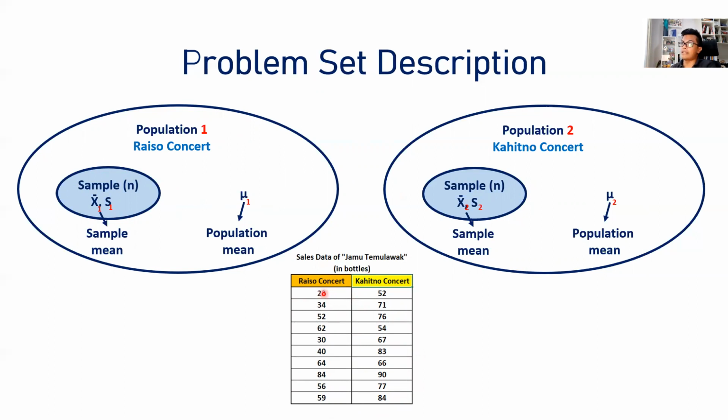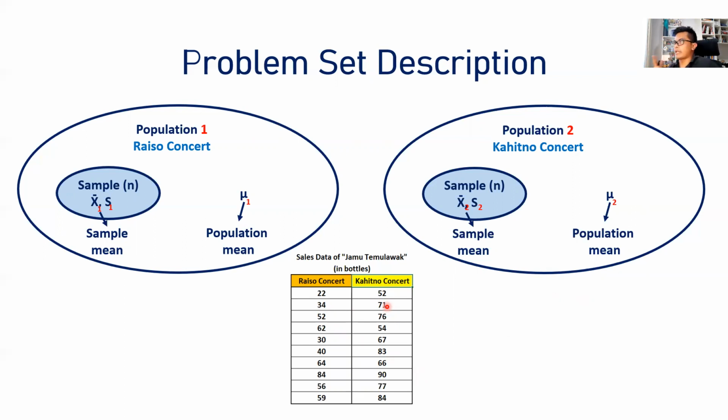The following day, for example, 34 bottles of energy drinks, and then 5 days later, 52 bottles are sold at the Raiso concert, and so on. We also sample data from the Kahitno concert and write them down one by one. The first sales is 52, the second is 71, and so on. Then we have several data points that we take as a sample.